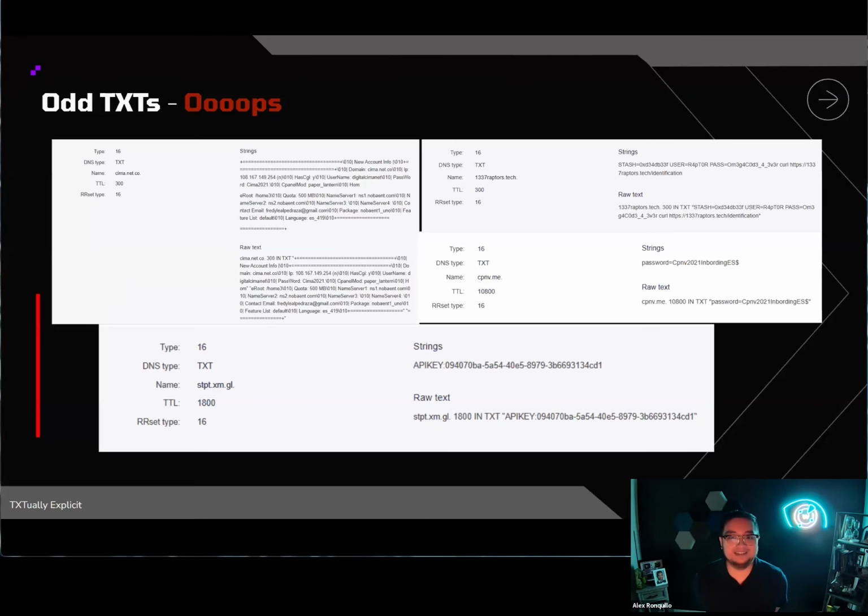So there's a couple domains we've seen here that seem to announce passwords in their text records. In one case, even a user plus pass, fairly concerning. Now, just because it's there doesn't necessarily mean it's real or that the credentials work. It could even just be for the lols.